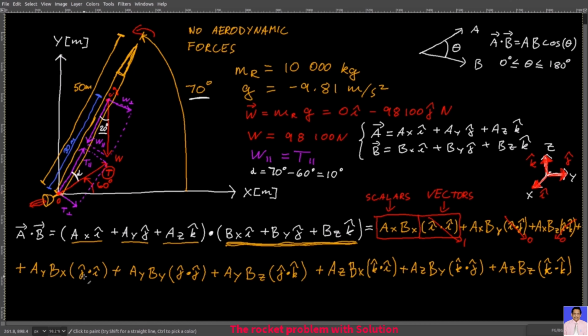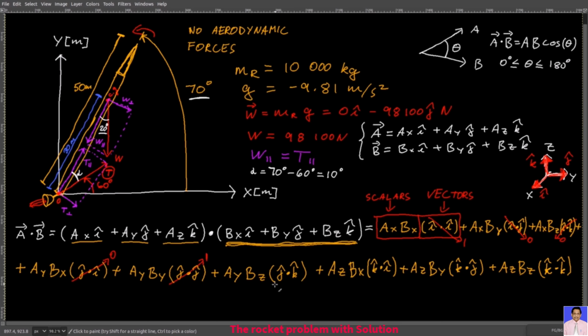Now you have j dot i. Again, since they are perpendicular to each other, you know that it's going to be 0. Now j dot j, they both point in the same direction. The angle between them is 0 degrees, so it's like i dot i. So that means that this one is 1.